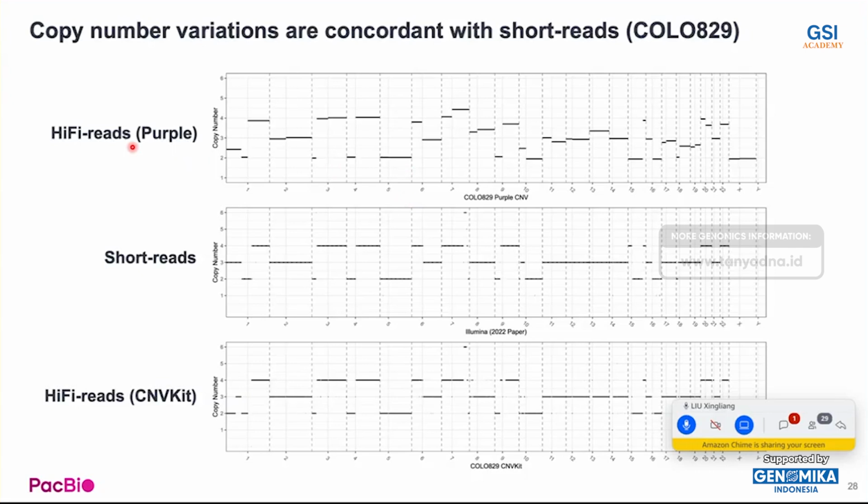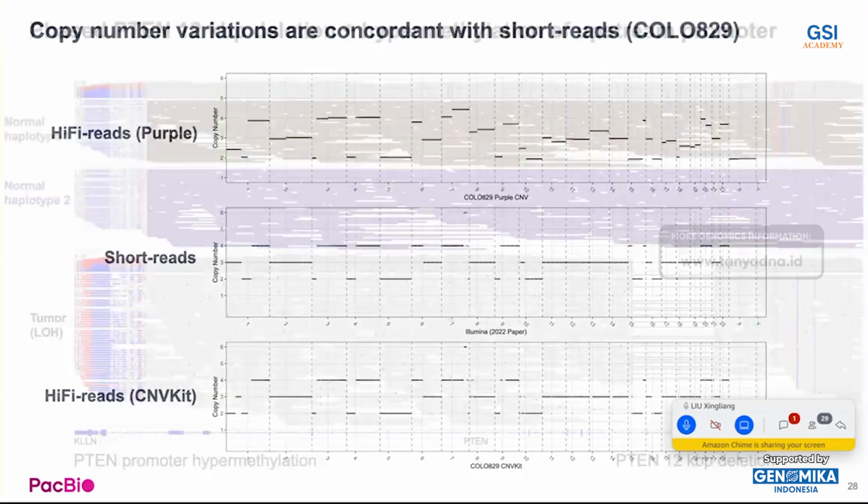As you can see, most of the major clonal events are identical between these two callers, but PURPLE can give you much higher resolution CNV profiling, because PURPLE can work on those subclonal CNV events. But that also means that when you apply conventional CNV calling tools like CNVkit, you might get some weird non-integer CNVs. This is likely due to the subclonal events.